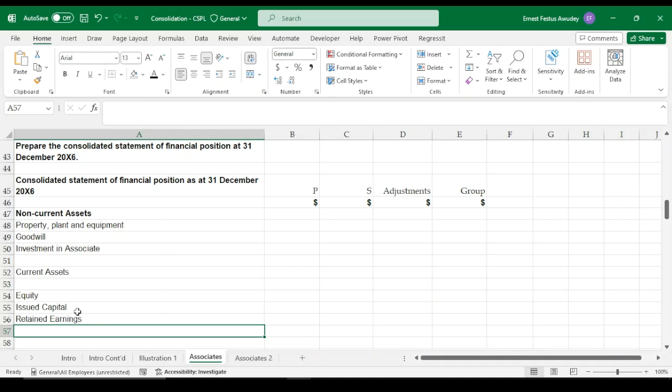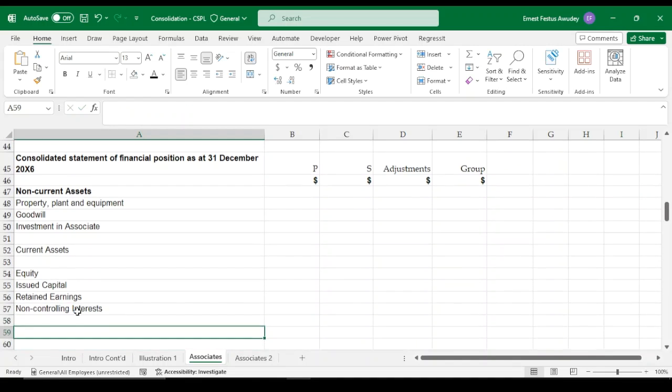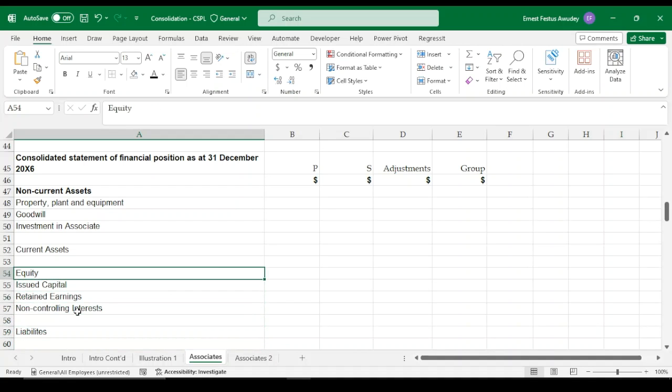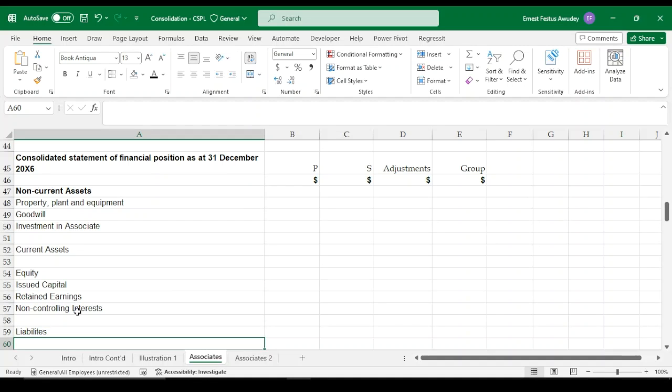So after retained earnings, we know that we are going to have our non-controlling interests, also known as NCI for short, and then we'll have our liabilities figures there. All right, so this is our pro forma consolidated statement of financial position.